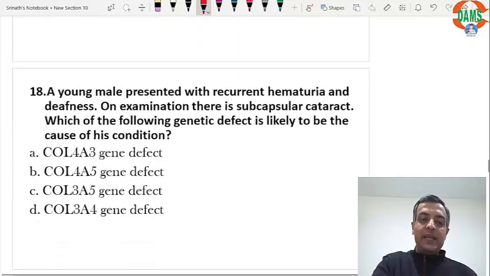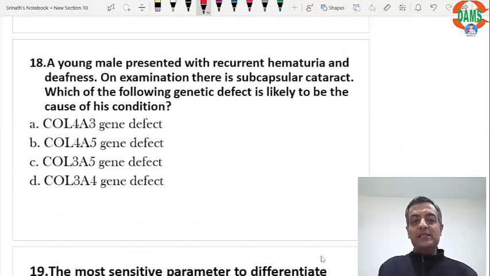Question number 18. A young male presented with recurrent hematuria and deafness.